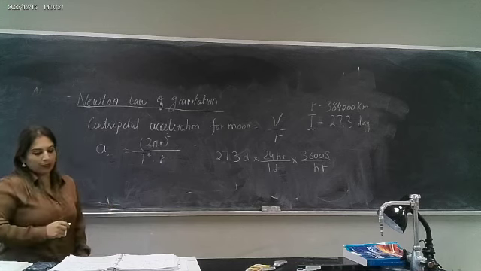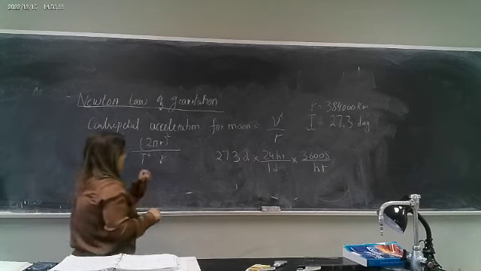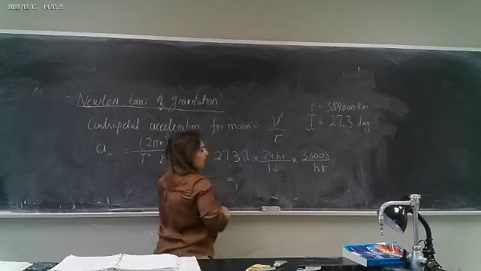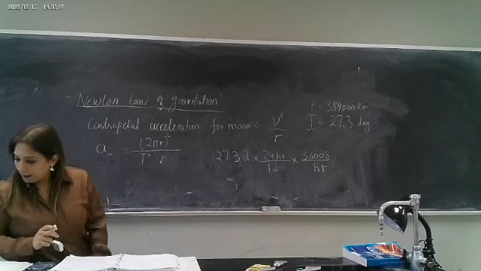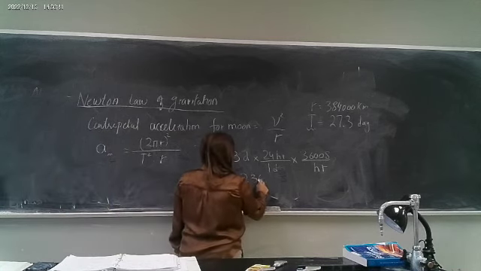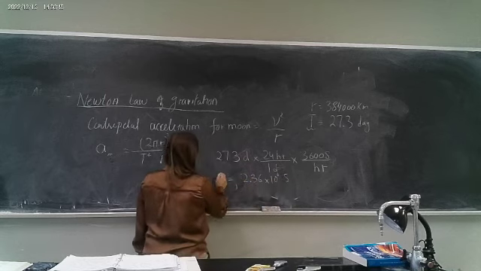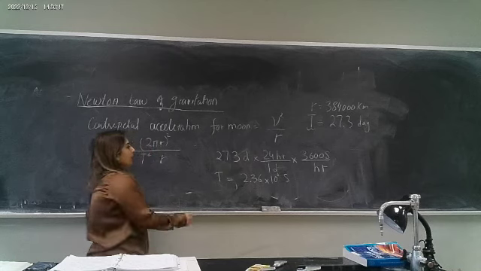By multiplying these with each other, we should get the time in seconds, and that would be 2.36 times 10 to the 6. Obviously you are going to get a very big number. Now this is the time period in seconds.